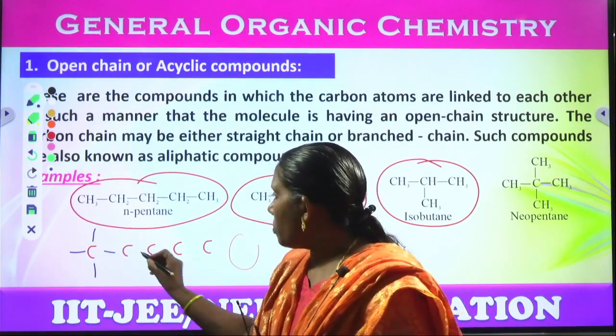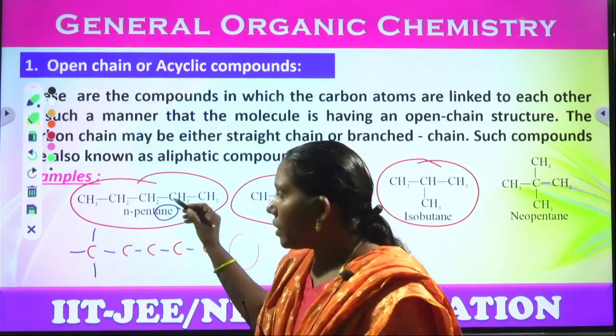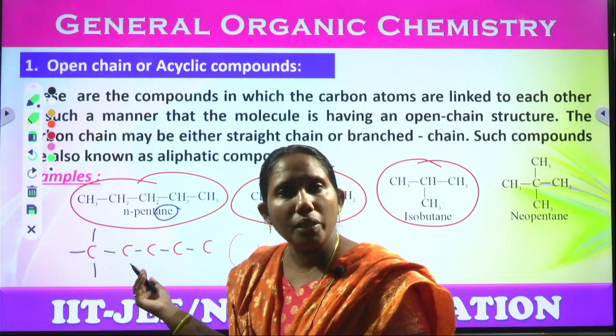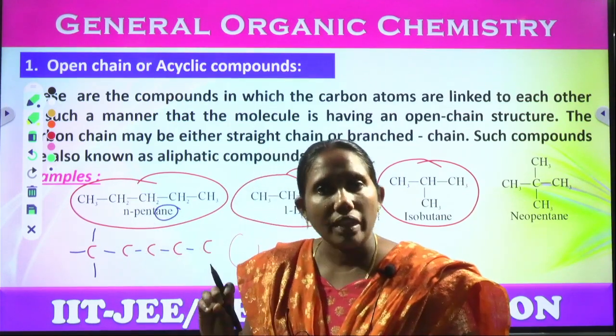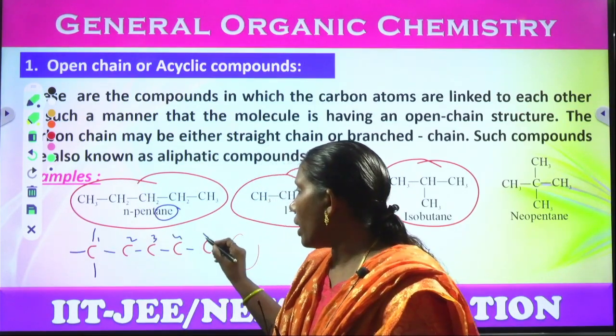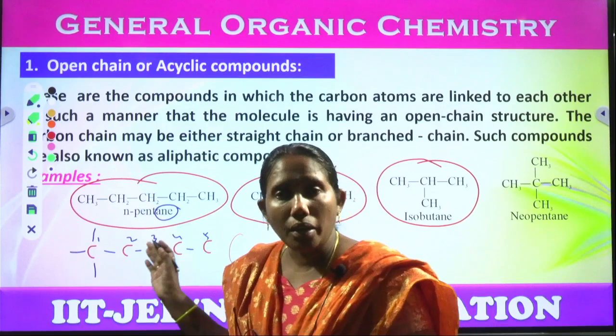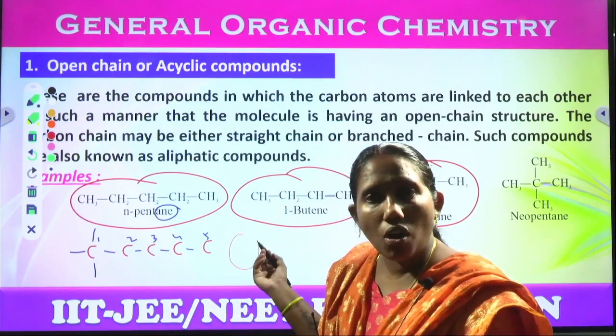First, all the carbon chains will be single bonds, because it is pentane, and ane means all single bonds should be there. Pent means 5 carbons, so I wrote 1, 2, 3, 4, 5, and kept single bonds between all the carbons.